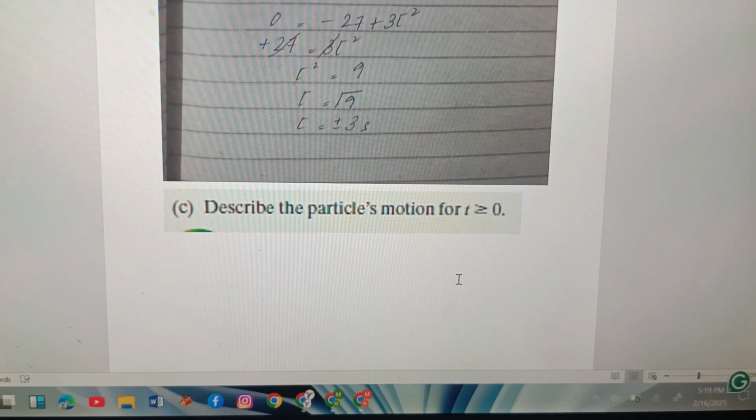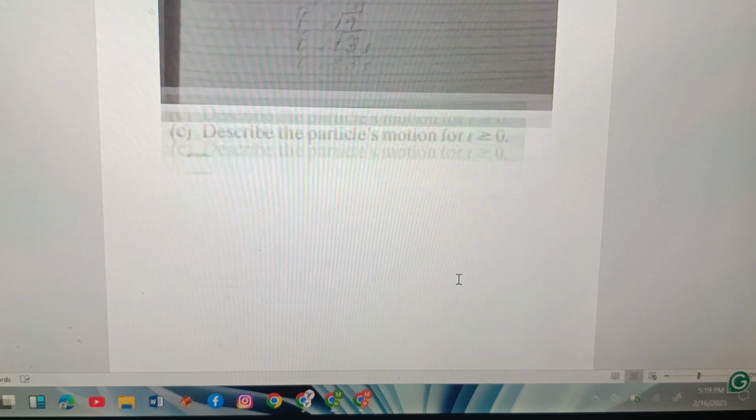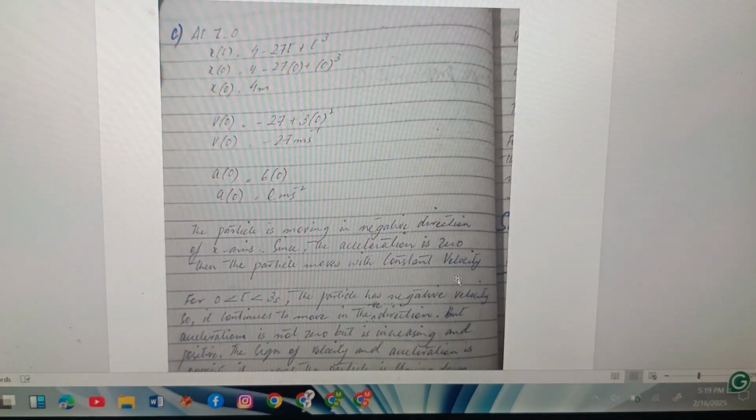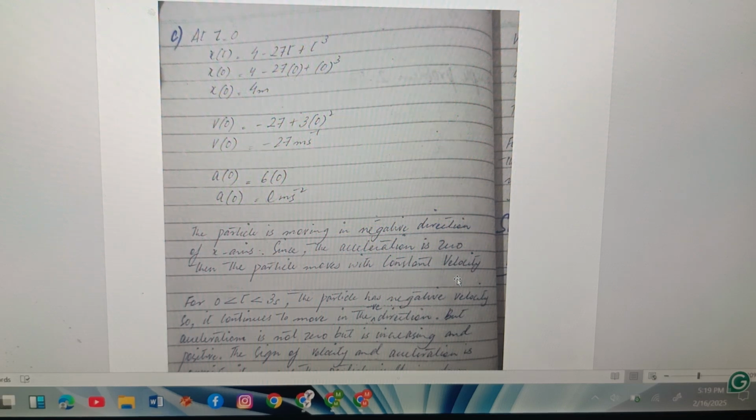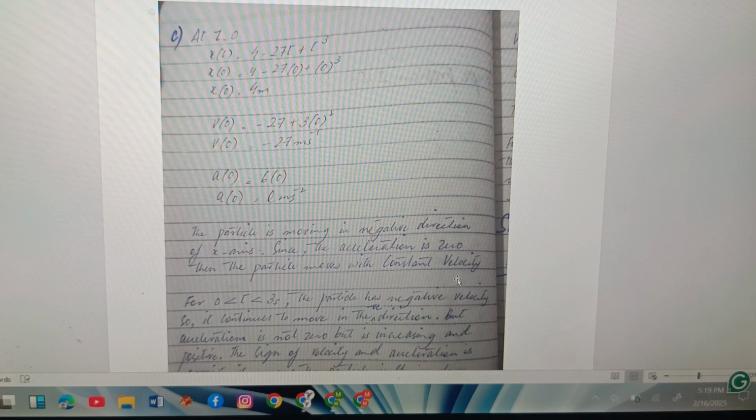Now, describe the particle's motion for t greater than 0. For time greater than 0, we have to explain the motion of our particle. Initially, we put time equal to 0 in our displacement equation.